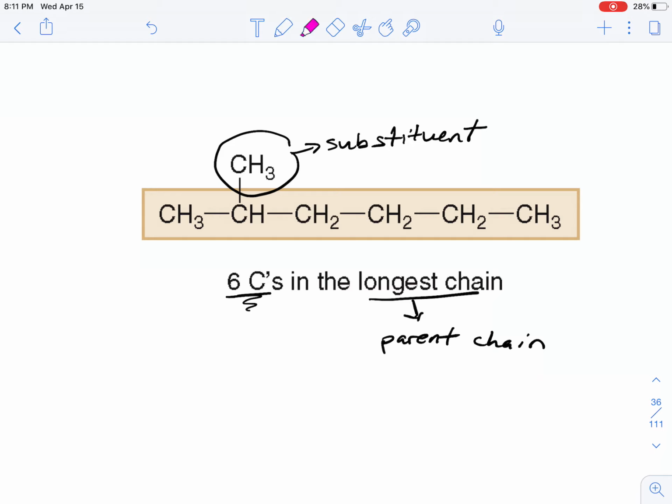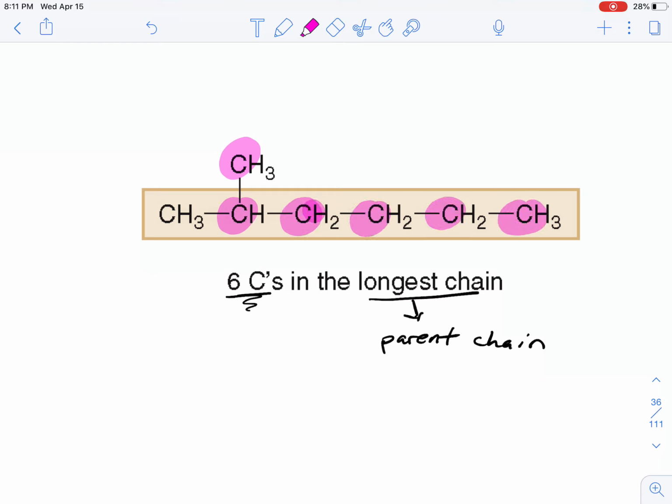Now, if you see that there's another way to number this, like if this is 1, 2, 3, 4, 5, 6, then this will be your substituent.